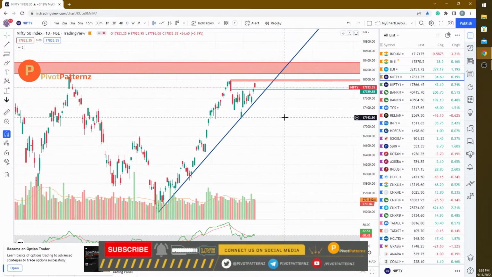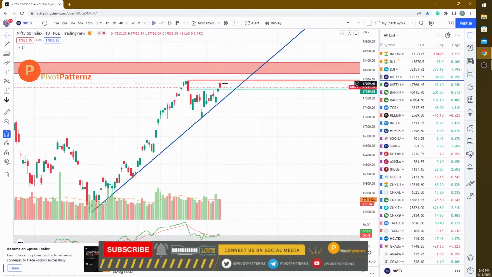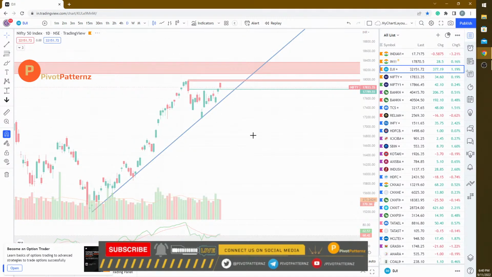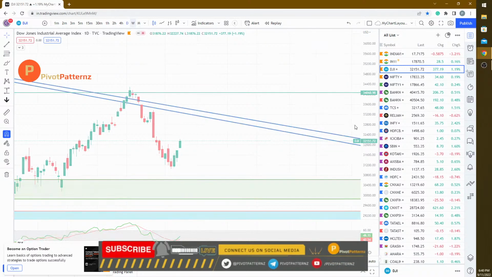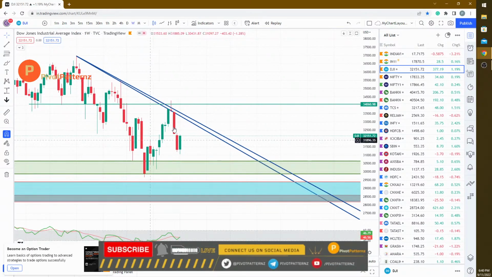If you are somebody who is non-directional, then go ahead and put on non-directional strategies, because Nifty might consolidate reaching here. So that's about Nifty and Bank Nifty, and I've already said that Dow Jones is clearly on the bullish side. It has already compensated.